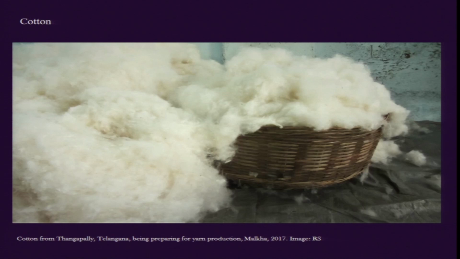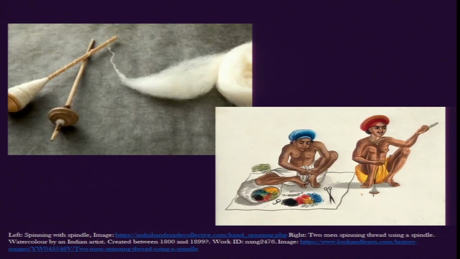It needs to go through a longer process for its separation from the seeds and the other dust particles and impurities, and then we find how it reaches this point where we can see only this cloud-like formation and nothing else. So for example, we have different kinds of processes involved in cleaning these seeds, cleaning the fiber.